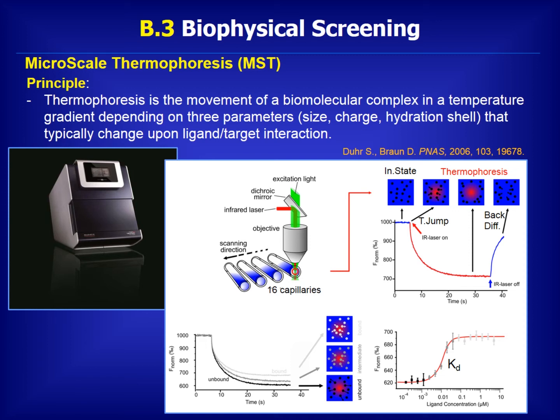Hence, any event, like a binding event, changing one of these parameters induces a variation in thermophoretic behavior that can be monitored in a titration experiment labeling the target protein.